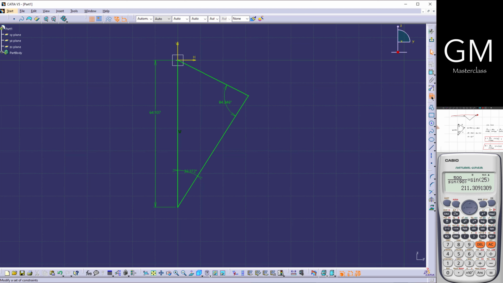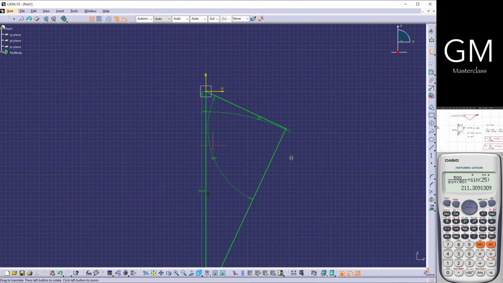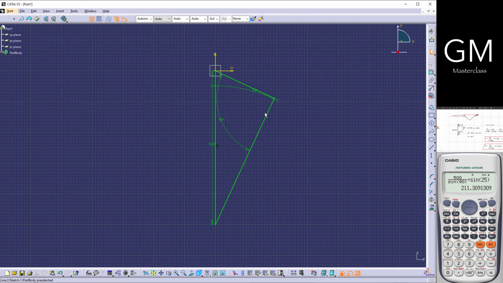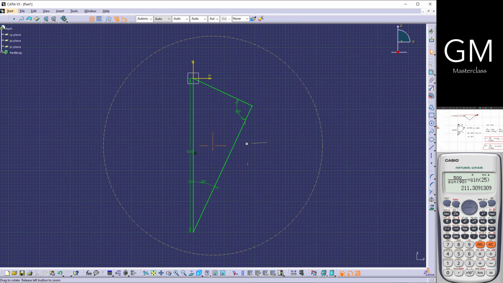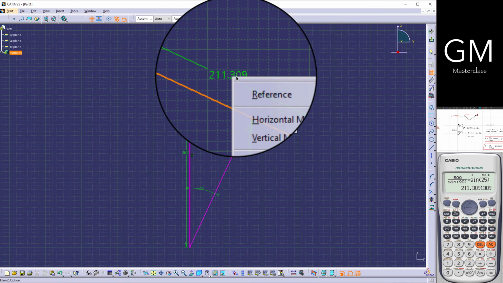Then what I'm going to do is to change the values. Right here I have a 90-degree angle. Right here I have a 25 degrees angle, and this is equal to 500. Okay, and this changes the shape. All right, so what I have to do is to measure, and that's all.